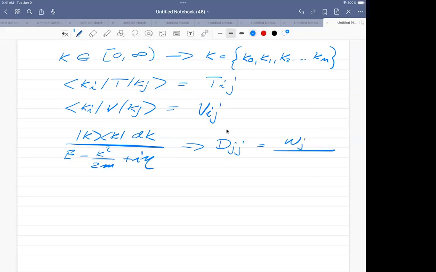These are integration weights, which follow the integration algorithm if you're doing Gaussian quadrature. And if you use Legendre polynomials, then you would have a specific set of weights. If you have other types of polynomials, you will have other types of weights. And this is going to be given by E minus this k_j squared divided by 2m.